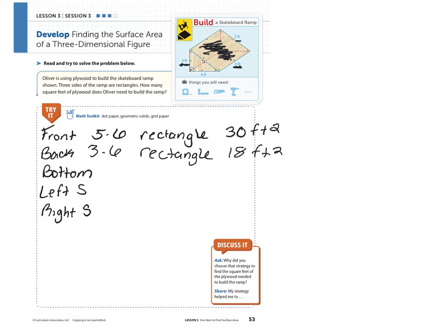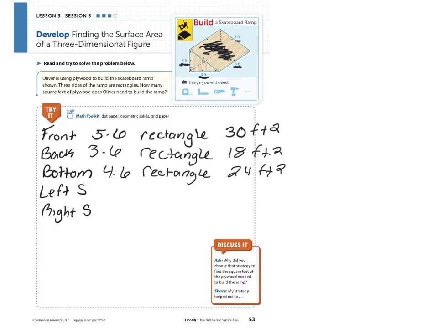Okay, my last rectangle is going to be my bottom that it sits on. It is a 4 by 6. It's another rectangle. So base times height, 4 times 6 is 24, 24 feet squared. Those are my 3 rectangles. Okay, it tells me that 3 of them are rectangles, so I did those first.